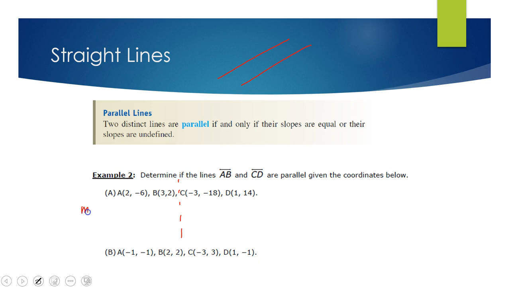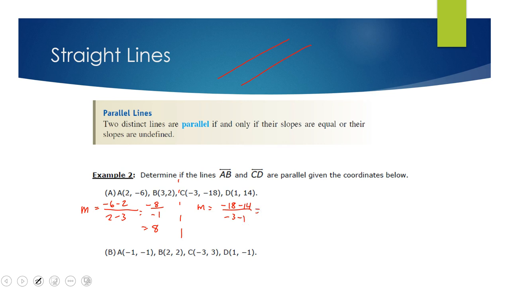Well, the slope of AB in this instance, I'm going to have negative 6 minus 2 over 2 minus 3, which gives me a negative 8 over a negative 1, which is 8. When I look at CD, the slope is going to be a negative 18 minus 14 over a negative 3 minus 1.